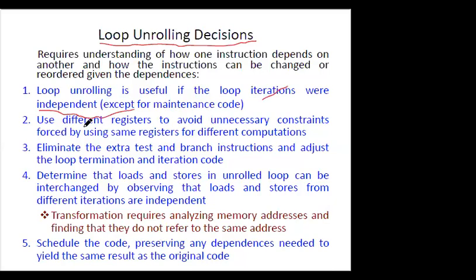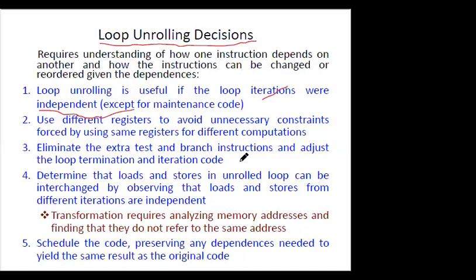Then it uses different registers to avoid unnecessary constraints. Every time we are storing some value to some register, this involves the use of many different registers. Then we have to eliminate the extra test and branch instructions and adjust the loop termination and iteration code, as we have done in the previous case.